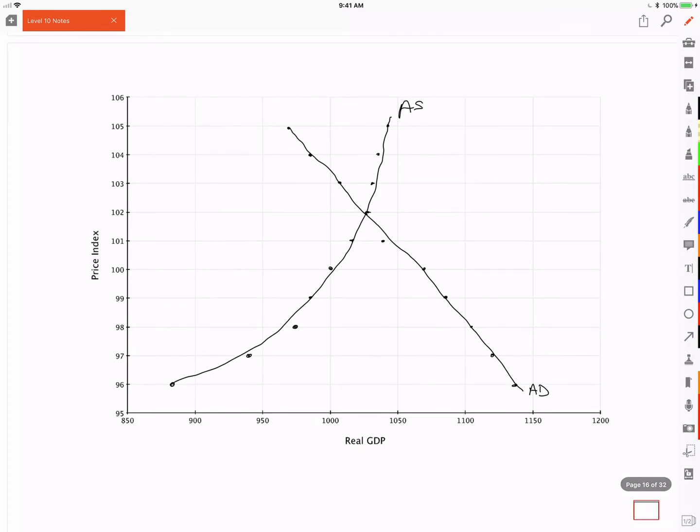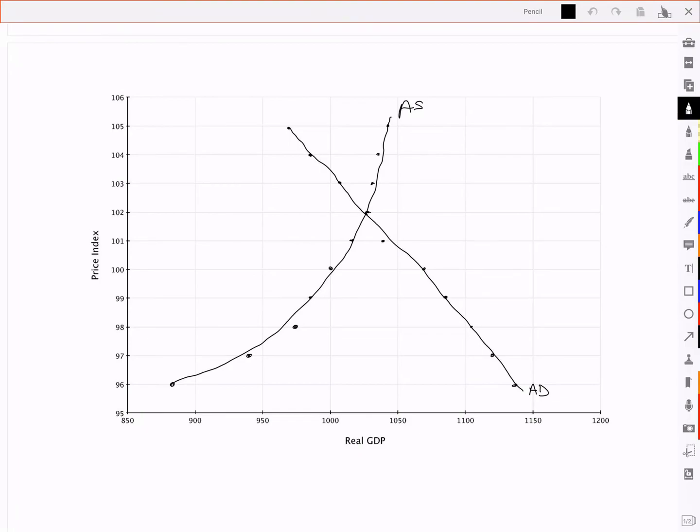And so we've plotted here aggregate demand and aggregate supply. And now let's look at what happens when you change aggregate demand. So let's pose that aggregate demand increases. Let's say there's an increase in aggregate demand of 50.